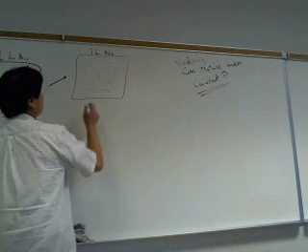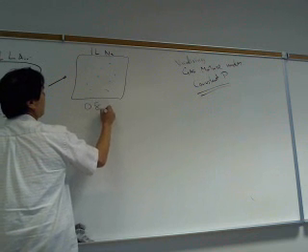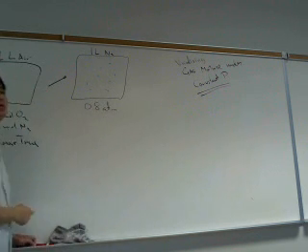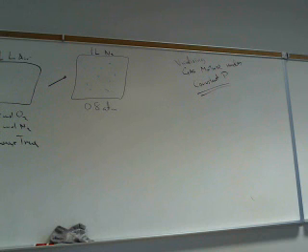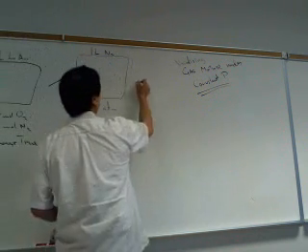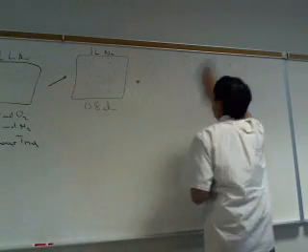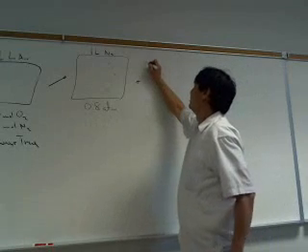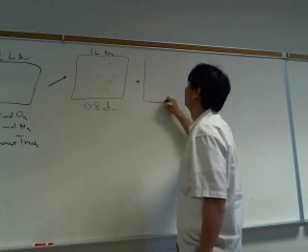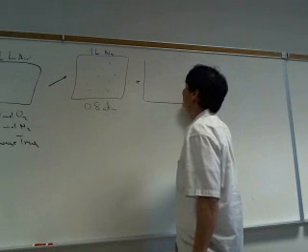And so this is just going to be 0.8 atmospheres worth, because there are no O2s colliding with the wall. And then I'm going to add this to a box that contains how much oxygen? 0.2 liters of oxygen?